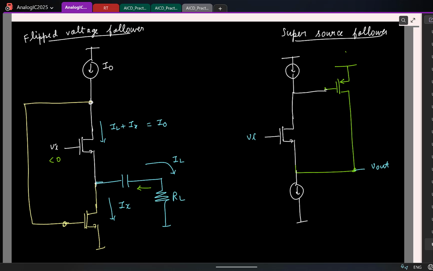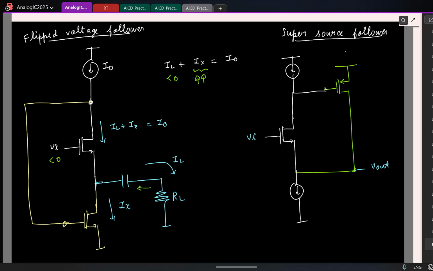I also know IL plus Ix must be equal to the constant I0. Now IL is negative, which means this portion is becoming more negative. To keep the sum constant, Ix will keep increasing. So if Vi becomes more and more negative, this current becomes more and more negative, and Ix keeps increasing accordingly to keep the current I0.